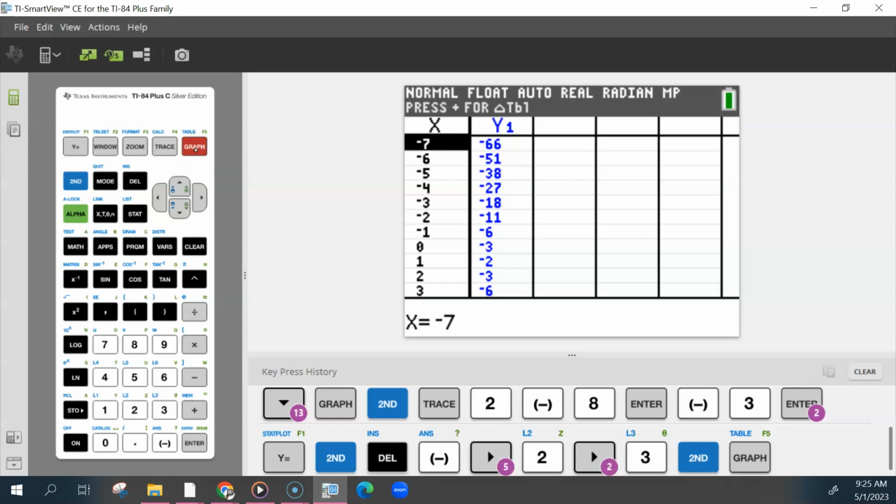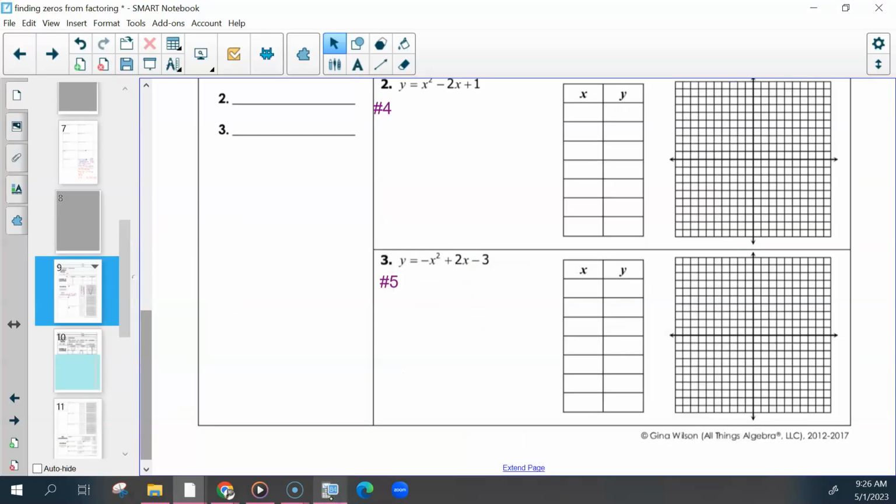You may have to scroll down to find your repeating y values and where the middle is. What is the middle of that? Yes. So then put that in the middle of your table and fill out the rest.